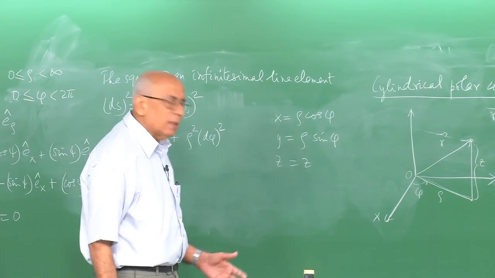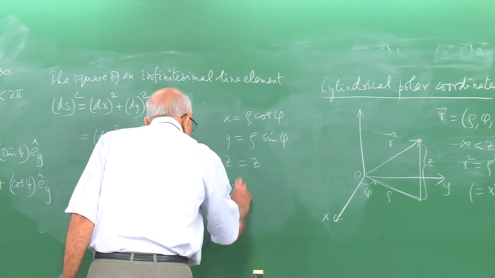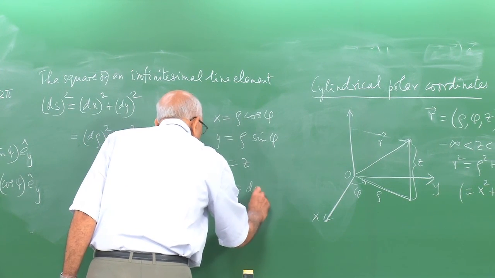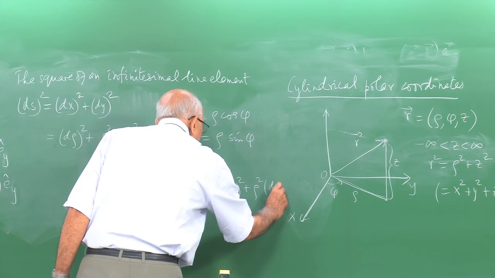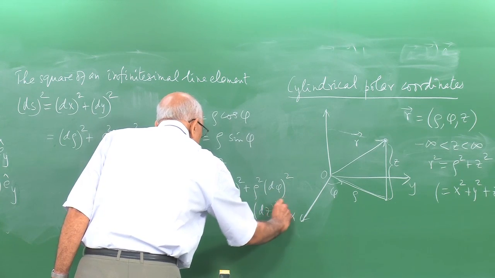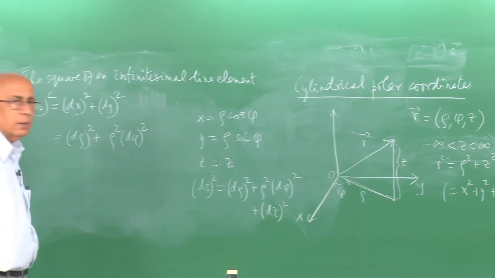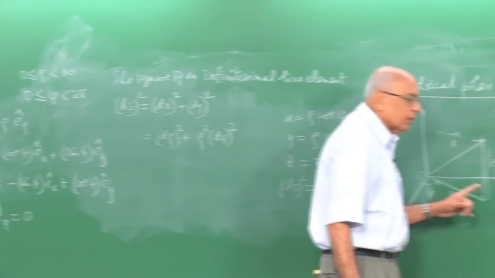So the geometry is extremely straightforward. The square of the line element is ds squared equal to d rho squared plus rho squared d phi squared plus dz squared. The unit vectors are interesting, and this is what we will look at next.